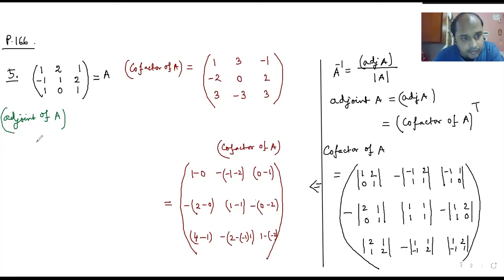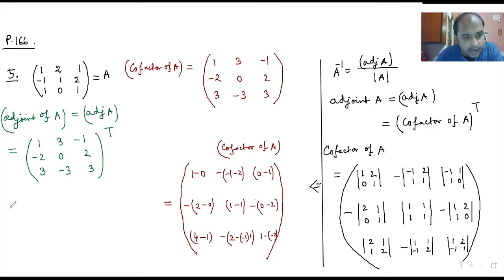If we take this matrix into consideration and take its transpose, it becomes 1, 3, -1, -2, 0, 2, 3, -3, and 3.